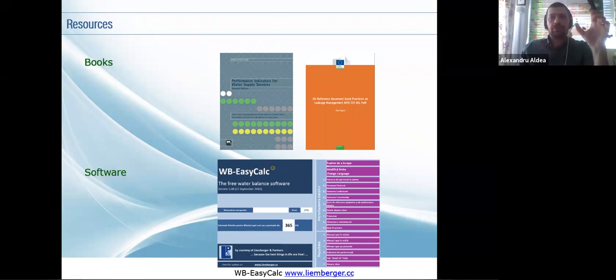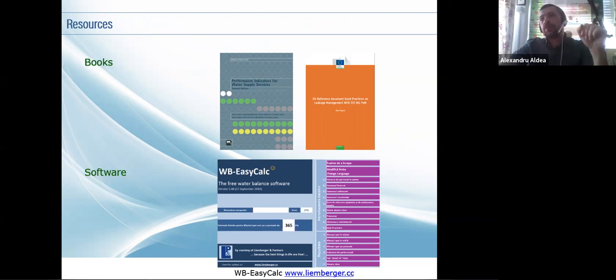Another very good and very technical document is the EU reference document for good practice on leakage management. It's available free. Of course, there are many other documents like this, for example M36 from the American Water Works Association, and so on.